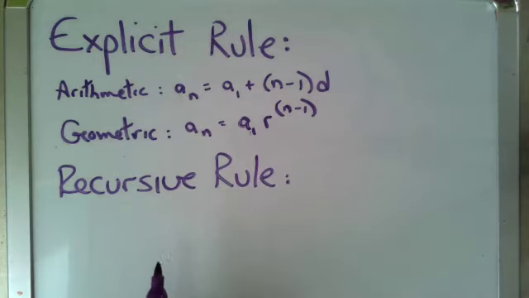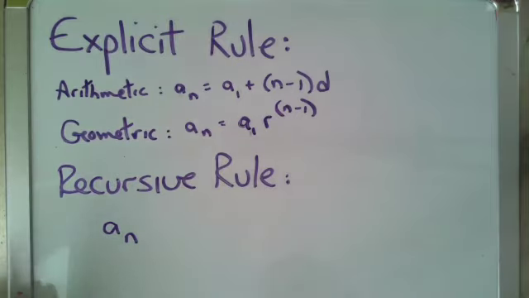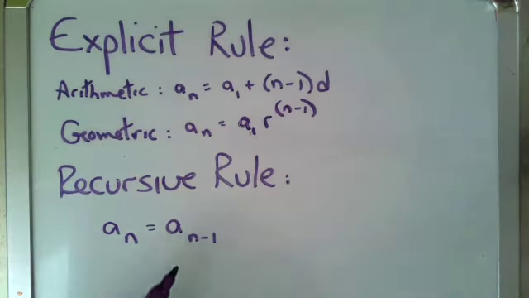Now, the recursive rule defines a sequence of numbers in terms of the number that came before it. In the instance of an arithmetic sequence, the a sub n term, whatever term you're looking for, can be found by taking the a sub n minus 1 term.